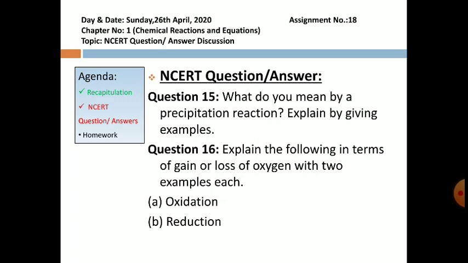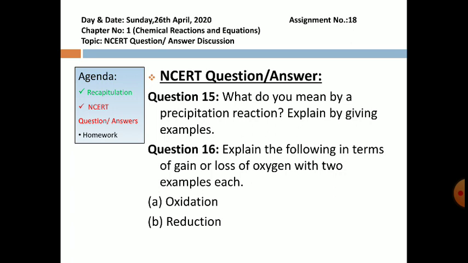For example, when sodium carbonate reacts with calcium chloride, it gives calcium carbonate, which precipitates down, it is solid, and sodium chloride. The balanced chemical equation is Na2CO3 plus CaCl2 gives CaCO3 plus 2NaCl. In this reaction, calcium carbonate is obtained as precipitate, hence it is a precipitation reaction.